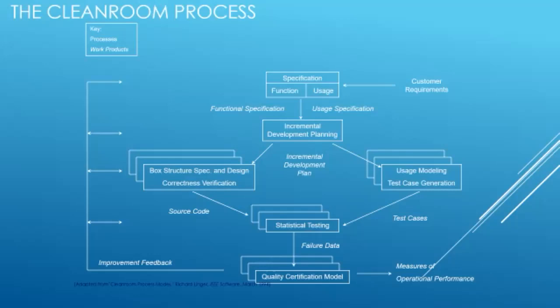Here the incremental development plan is driven and both are combined in statistical testing, where failure data sometimes may occur, and it gives the last quality certification model where measures of operational performance are carried out. Here source code and test cases are used for combining these two boxes for statistical testing. The improvement feedback is carried out.